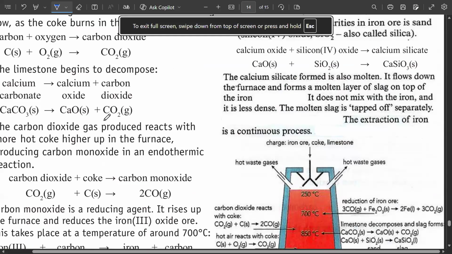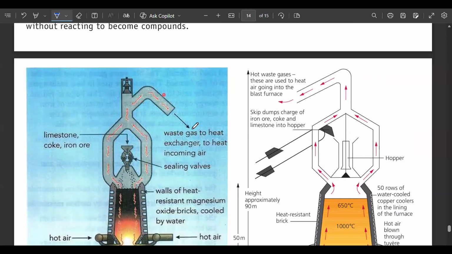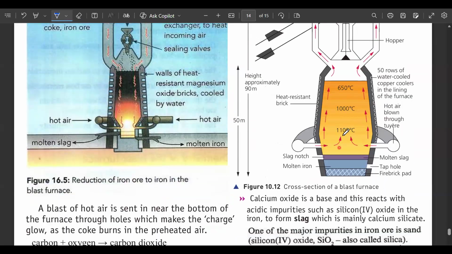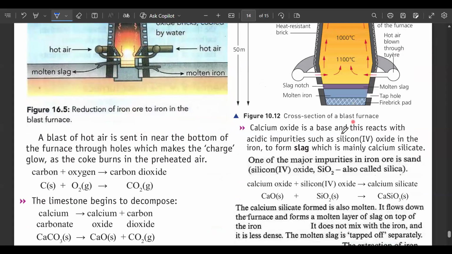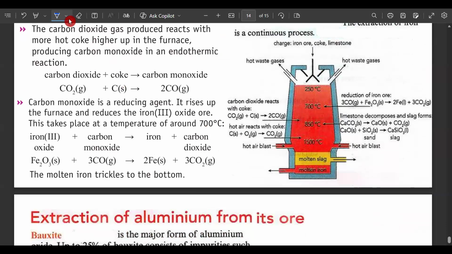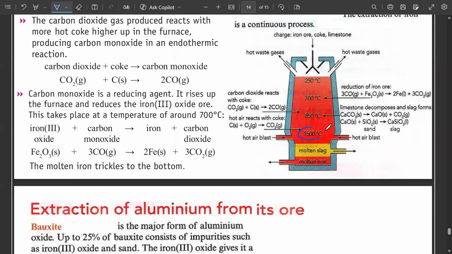In this diagram, you cannot properly see where the temperature is mentioned, and here it is somewhere over here, but even then it is not 1500 degrees centigrade. But if you look at this diagram, it is clearly indicating 1500 degrees centigrade over here. This is when carbon reacts with the oxygen to make carbon dioxide. That belongs to 1500 degrees centigrade.